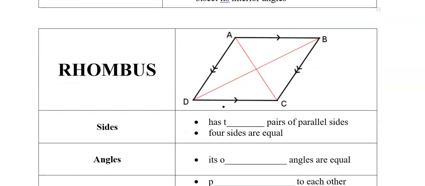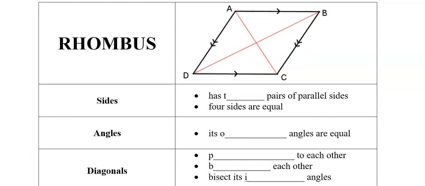Next what we have is a rhombus. A rhombus is a little bit similar to a square in the sense that the four sides are equal, as stated over here. But we differentiate the rhombus from the square because, as you can see in the figure over here, it can be tilted to the side. For a rhombus, the sides have two pairs of parallel sides. Four sides are equal.